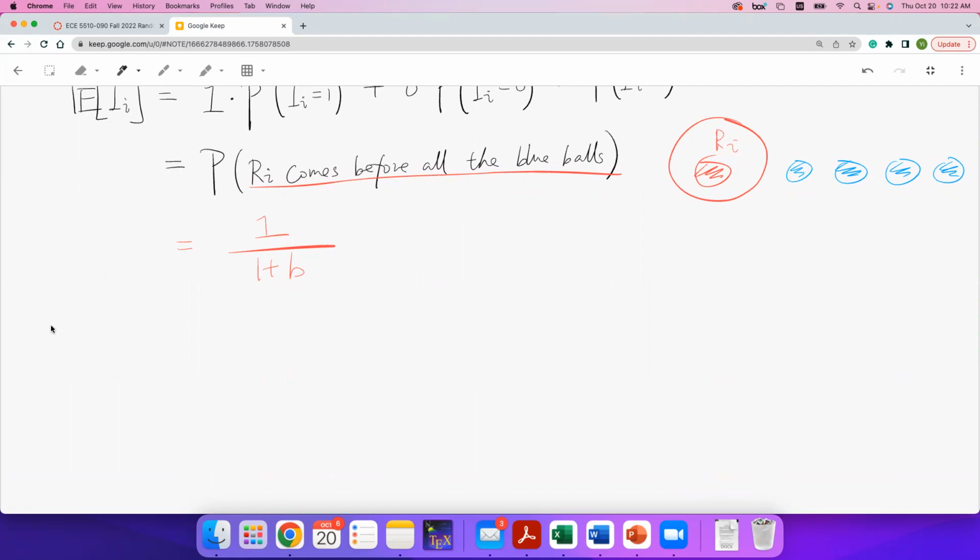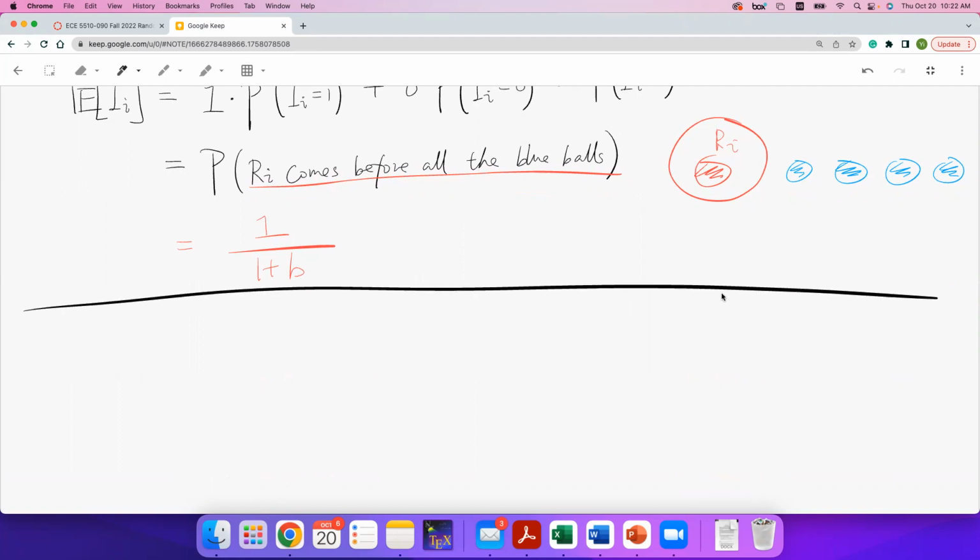So I have 8 minutes left. So I want to briefly mention the relation between expectation and the CDF. So we know that the expectation is defined, suppose X is a continuous random variable, by integrating over the PDF. Okay.